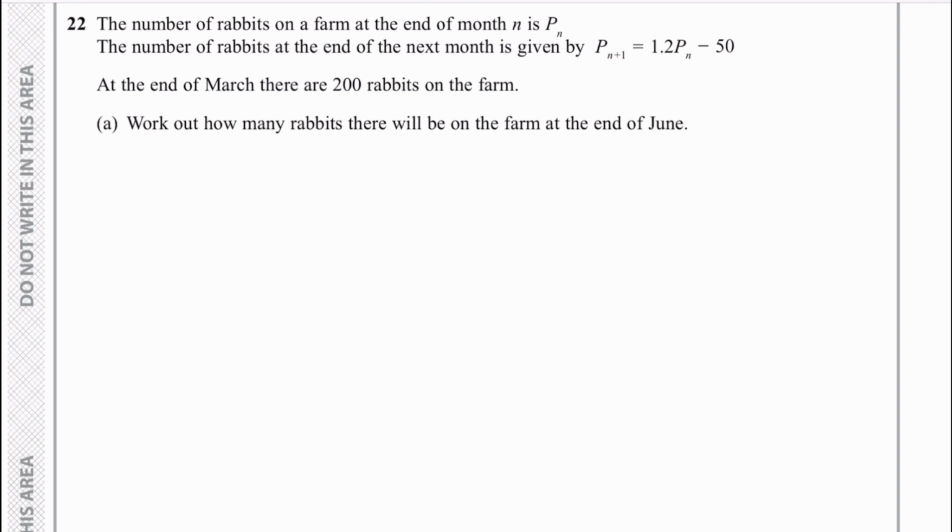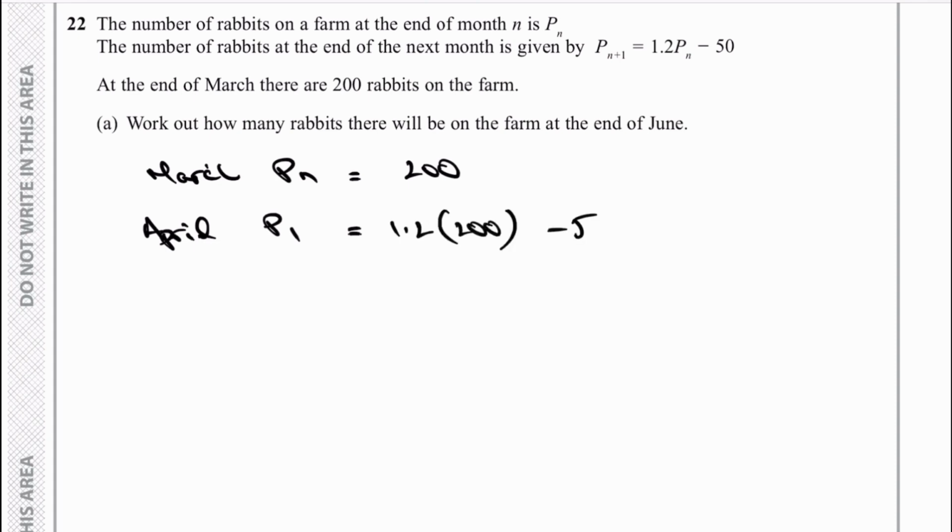So let's just use that information. We can say that in March p_0 is going to equal 200. Okay, and then we've got April, which is now p_1, which is going to equal the formula 1.2 multiplied by 200 minus 50, and that's going to be then 190 rabbits on the farm.